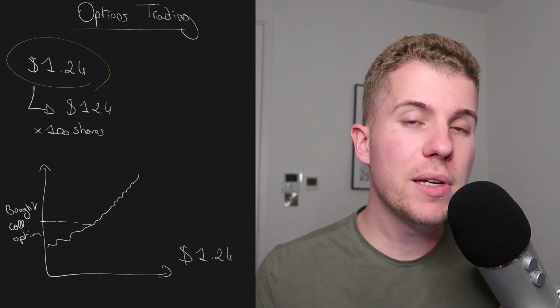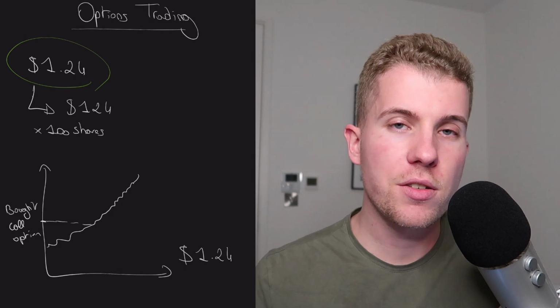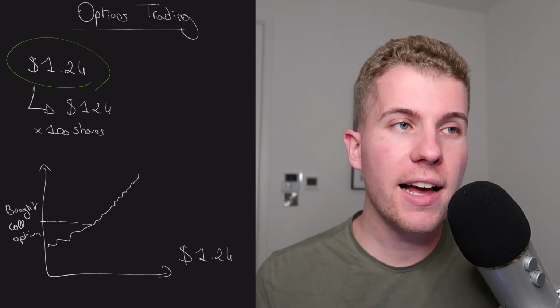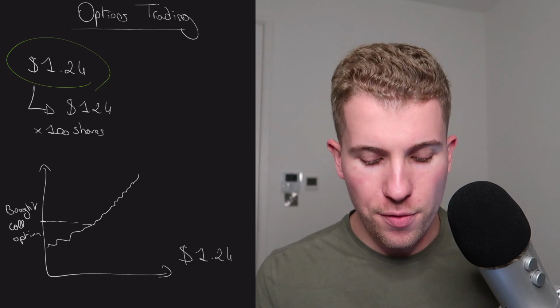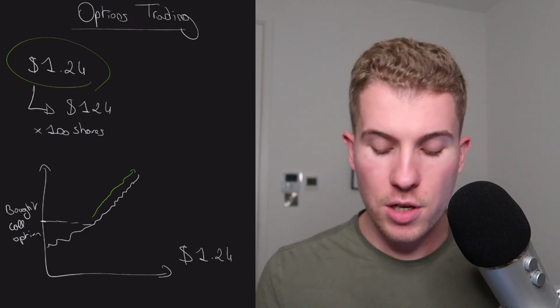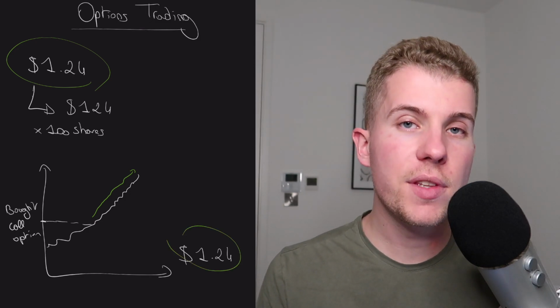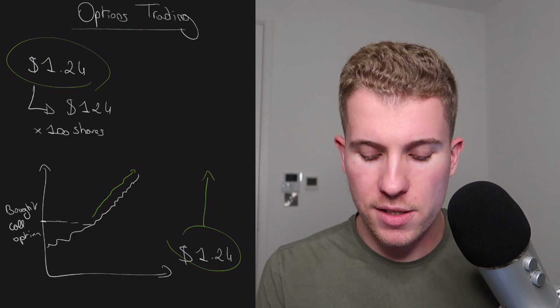The thing is, I lied to you a bit just before when I said that you could exercise your shares. It's not that it's not true. It's just that almost no one does it. And here's the reason why. If the stock is going to go up, what is going to happen to the premium of the option that you bought is that it is going to increase in value.